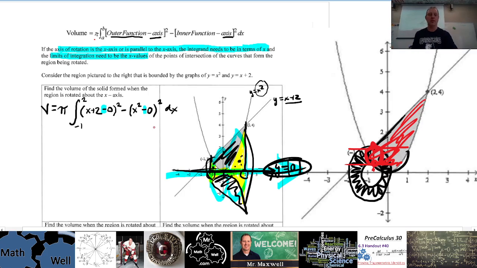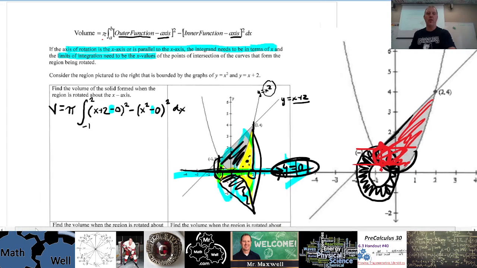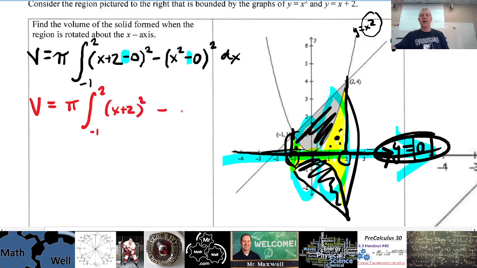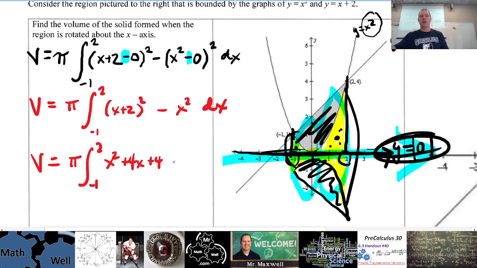Okay, all right, so let's keep going with this. And again, the nice thing is that we get to use our graphing calculator if we want, and you'll probably want to find out what this integral is. So V equals pi times. Now this right here, let's simplify this first. This is going to be x plus 2 squared, and this is just going to be minus x squared. You could simplify that further even, and I would invite that. This is going to be x squared plus 4x plus 4 when you multiply that out, minus x squared.